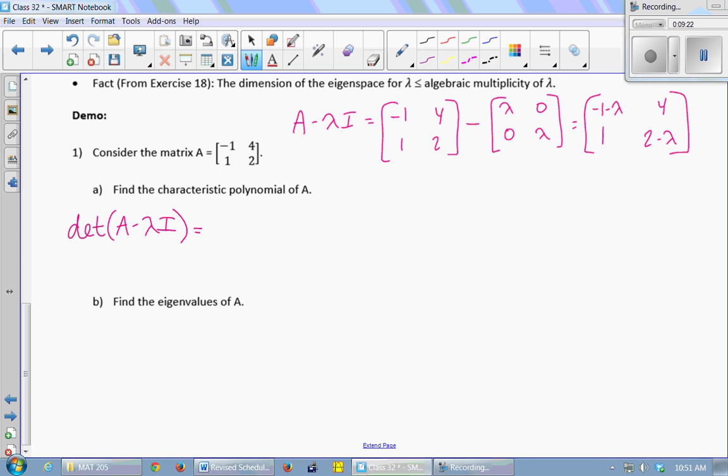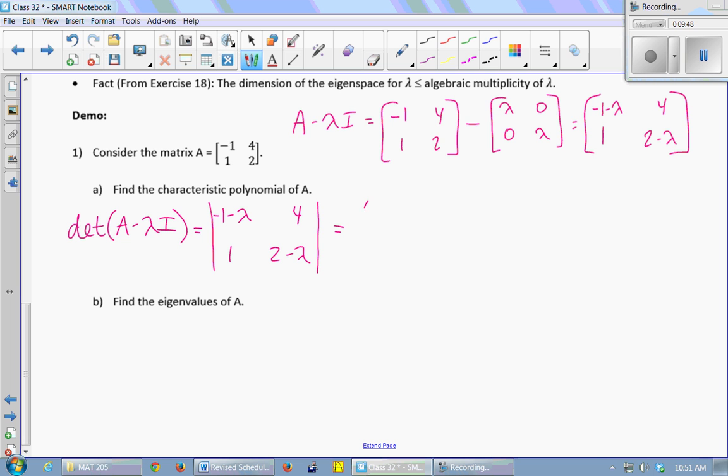I have to take the determinant of that. Remember that if you don't put the little feet on the brackets and you just use absolute value bars, that means determinant. The determinant of a 2 by 2 matrix is AD minus BC.